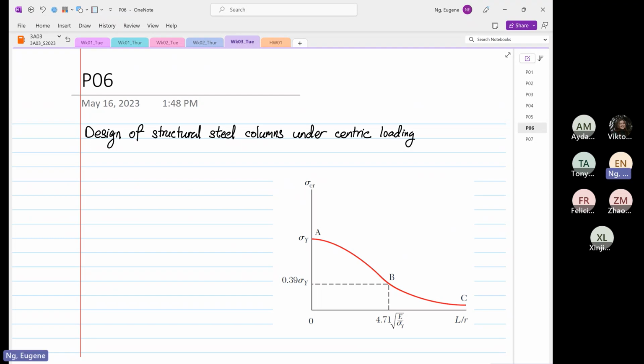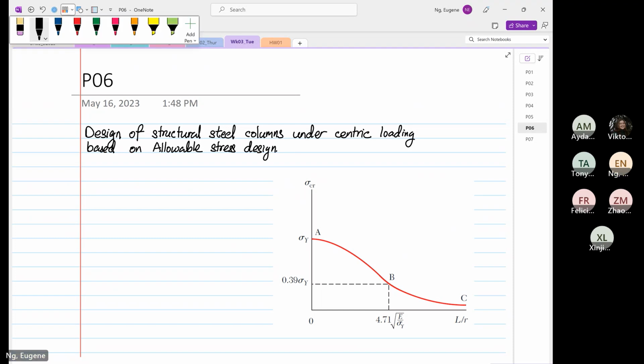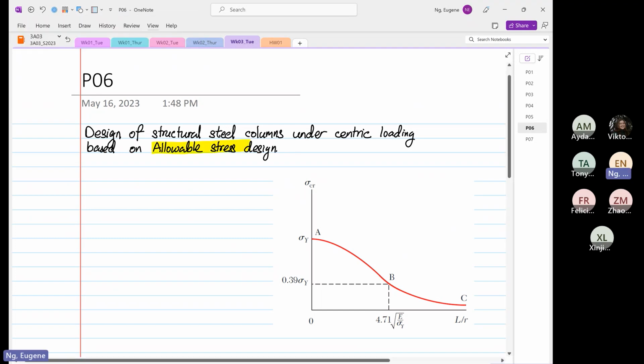Based on allowable stress design. The thing to highlight is the allowable stress and structural steel.